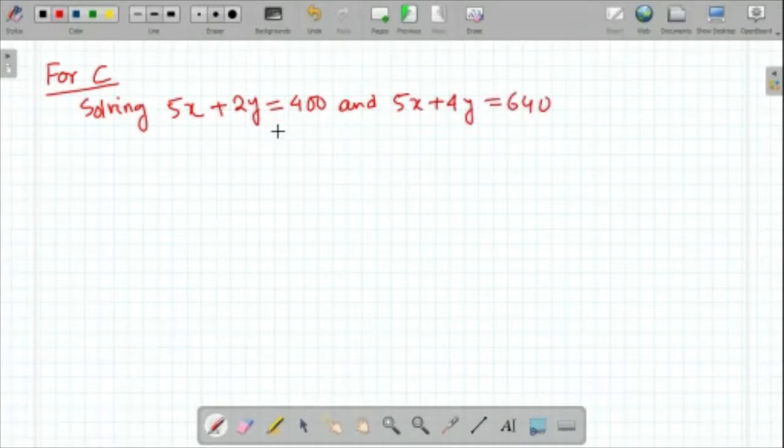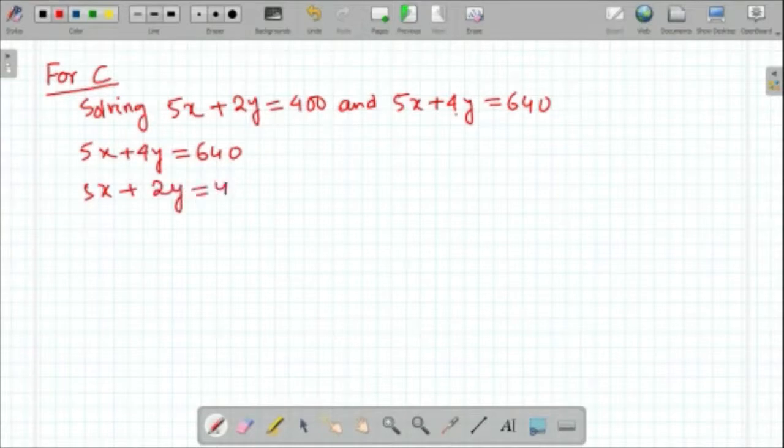Now how to solve here? Coefficients of x are equal, right? So simply we can subtract, right? From this equation, subtract this equation. Write down the equations here. 5x plus 4y equals 640. Another equation is 5x plus 2y equals to 400.